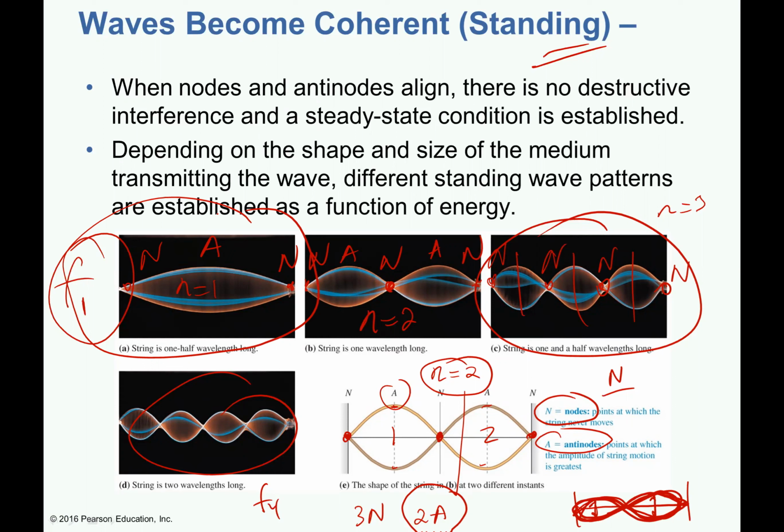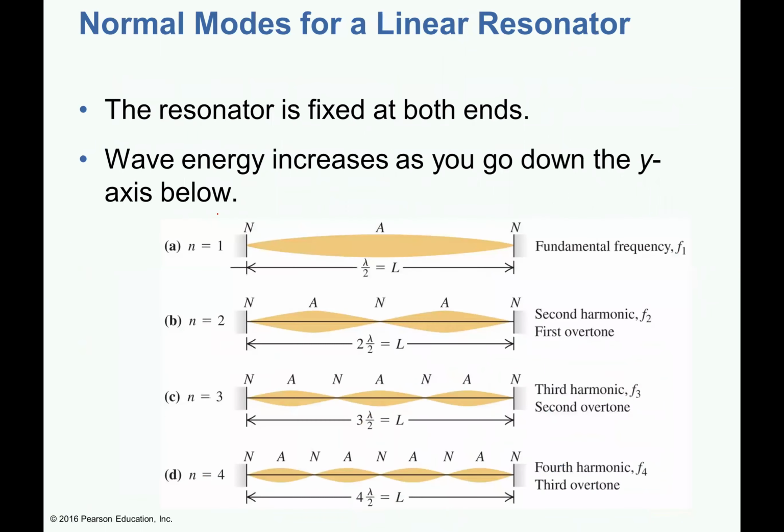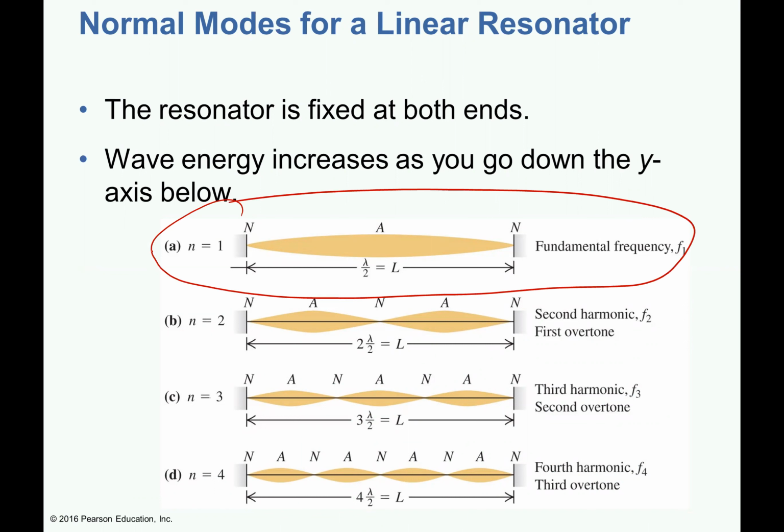So this is known as the lowest frequency or fundamental frequency, as we're going to see. Sometimes it's also known as the first harmonic, okay? So again, going back to looking at this, here's the shape, and we start with the simplest one where we have just one antinode, or n equals 1.